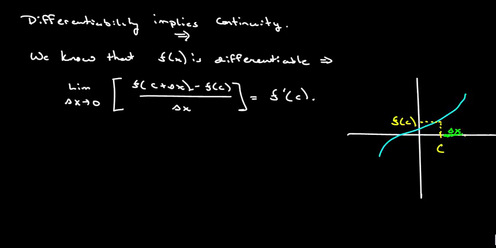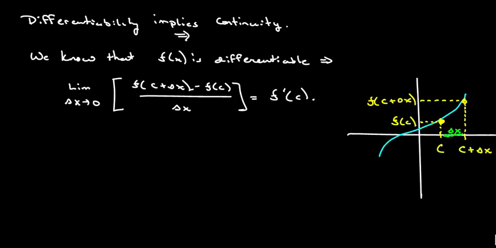Then this point is at c plus delta x, and this is f at c plus delta x. And all it says is that if we take these two points and push this point towards this point, we can find the slope of the tangent line. That's what this whole mess says right here.